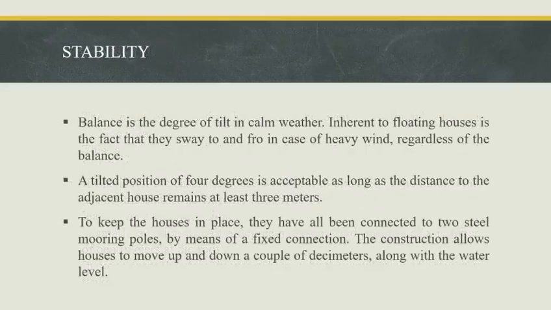Stability. Balance is the degree of tilt in calm weather. Inherent to floating houses is the fact that they sway to and fro in case of heavy wind, regardless of the balance. A tilt of up to 4 degrees is acceptable as long as the distance to the adjacent house remains at least 3 meters.